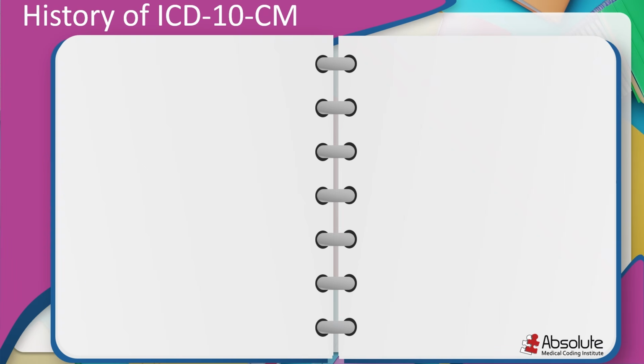So let me just give you a little backstory. In 1893, the original system was called the International List of Causes of Death, and it was developed by a French gentleman named Bertillon. He compiled this list from about the 1900s until 1945, and it went through many revisions. And then in 1948, the WHO adopted that list and they published ICD 6.